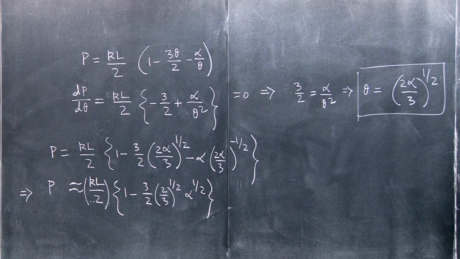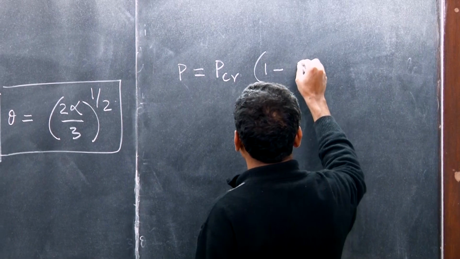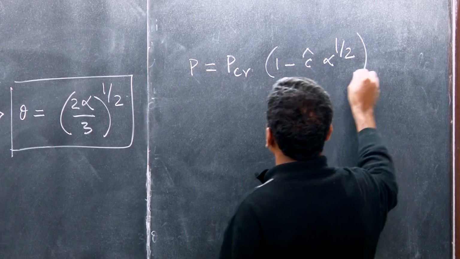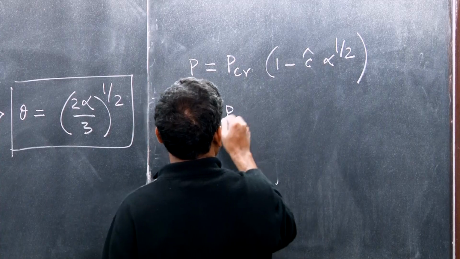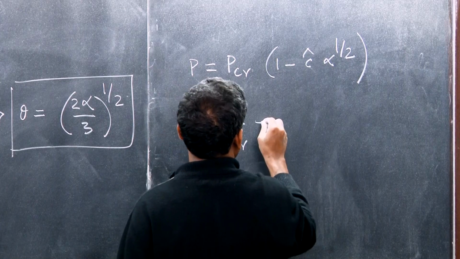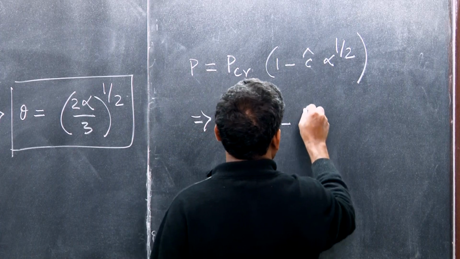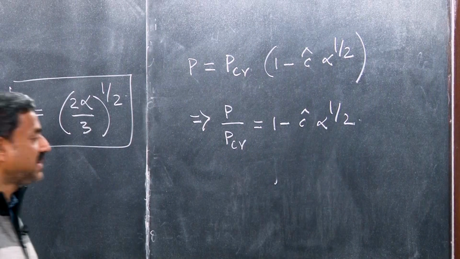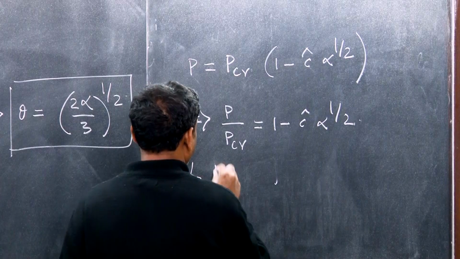So, P is equal to P critical times 1 minus some constant, maybe I call it C cap, alpha to the power half, or I can write P by P critical is equal to 1 minus C cap alpha to the power half. What do you see? Half power imperfection sensitivity.